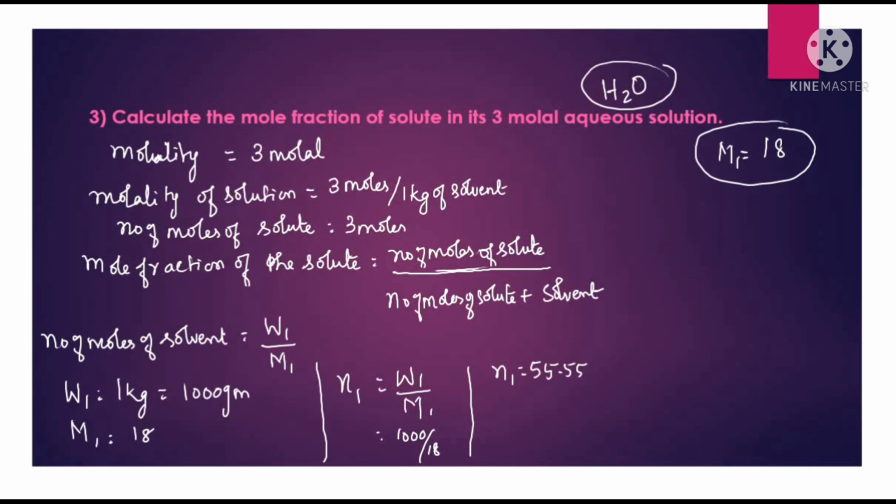Mole fraction of the solute, X_S, is equal to the number of moles of the solute, which is 3, divided by 3 plus the number of moles of the solvent, that is 55.55. That's equal to 0.051.